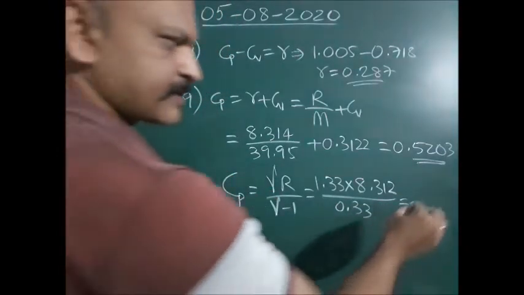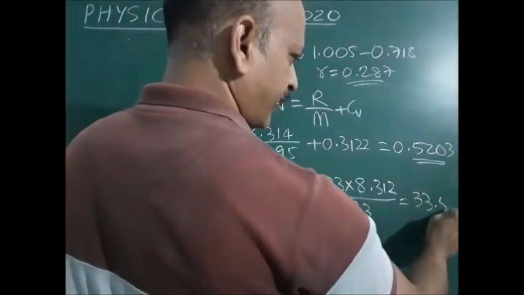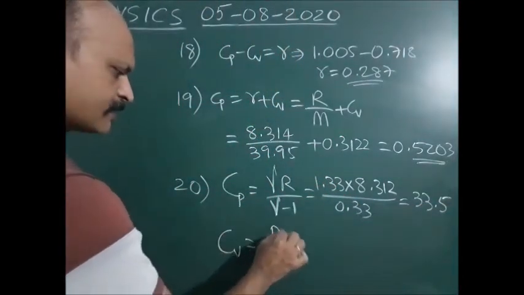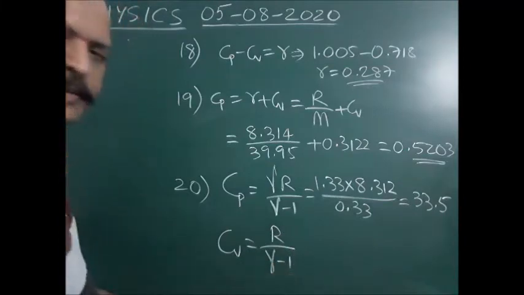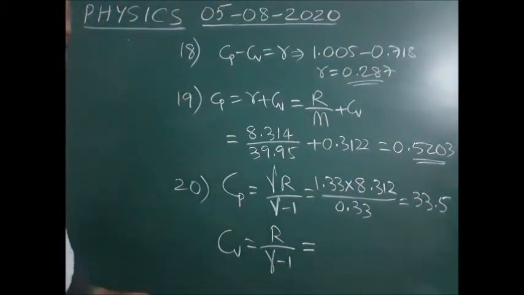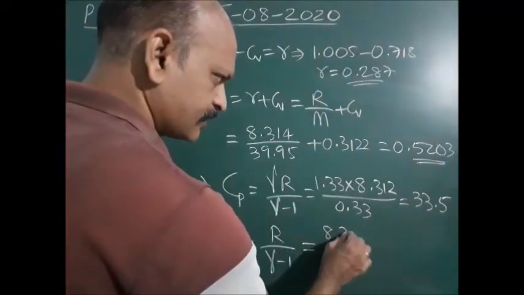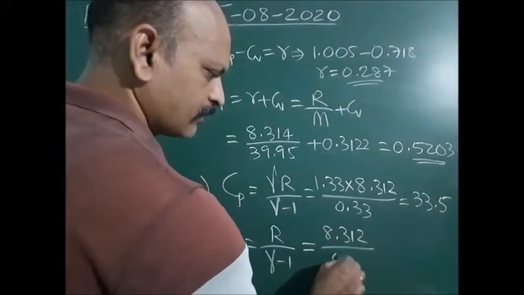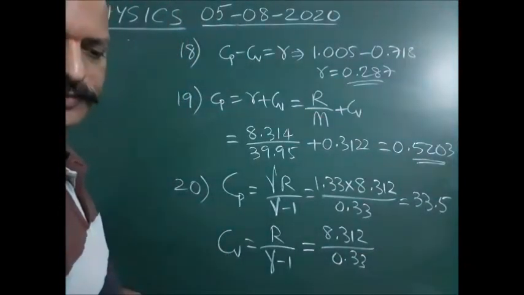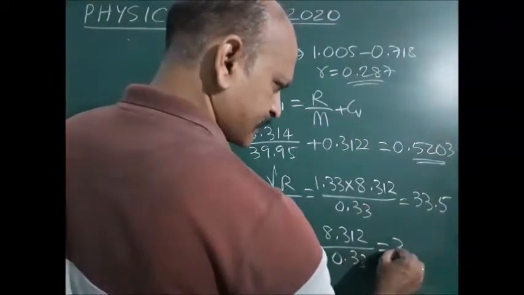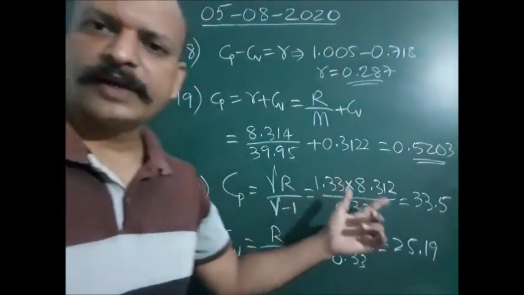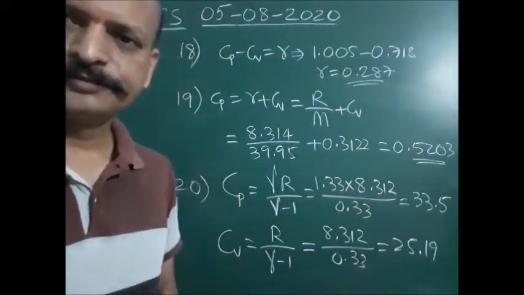This becomes 33.5, whereas the Cv value is R by gamma minus 1, which becomes 8.312 by 1.33 minus 1, which is 0.33. This becomes 25.19 after calculation.